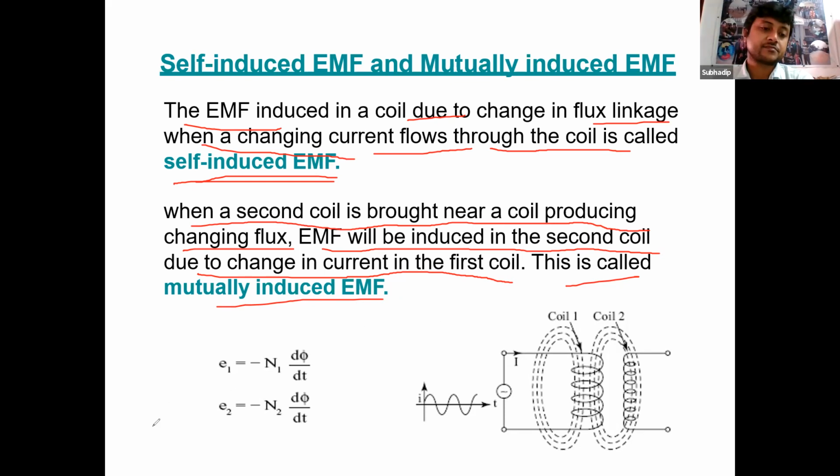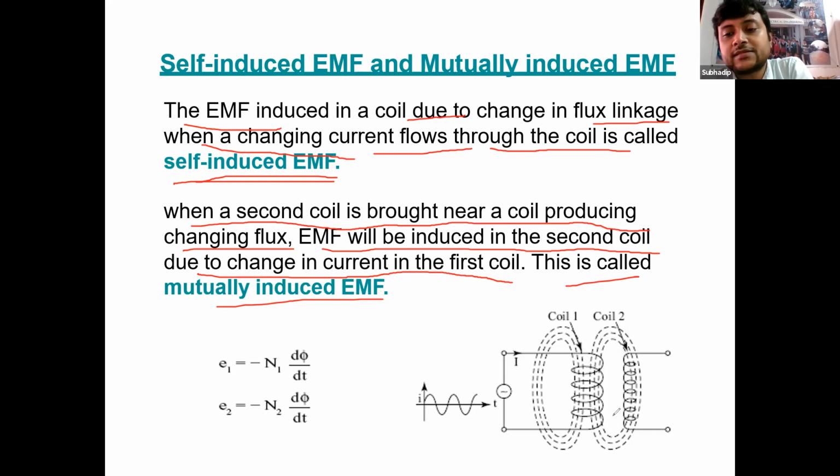Now you see, this is coil number one, and this is coil number two. The flux is created here, going from north pole to south pole, and here also flux is created.